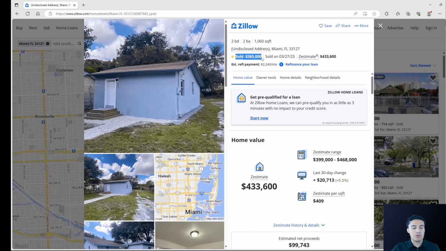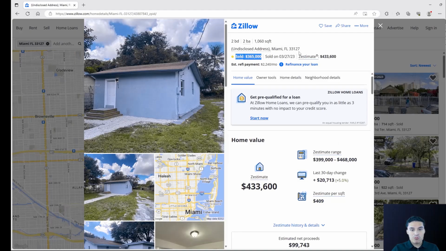That's something that I will really try to avoid. Because what if you have to put $30,000, $40,000 into repairs, and then you can try to sell the property for $400,000, but there's a couple of fees you have to pay. You have to pay closing costs for the most part, which is around 10%. So you're already cutting yourself short, and that's something that you want to avoid.